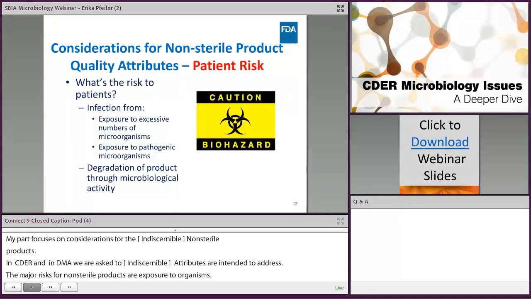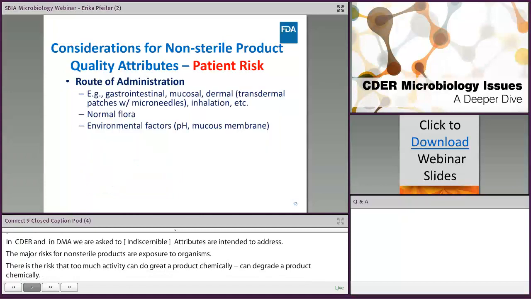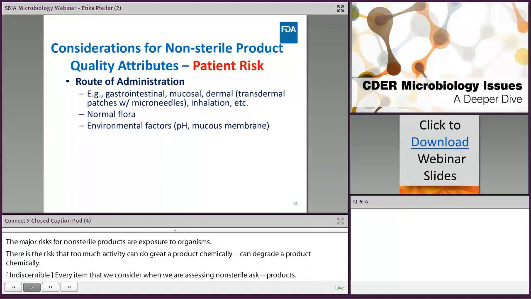The intent to guard against these risks is behind every recommendation, every item that we in DMA consider when we're assessing non-sterile products. There's a tremendous diversity in non-sterile products that comes first from their various routes of administration. This makes the establishment of a patient risk profile for these products a daunting prospect.